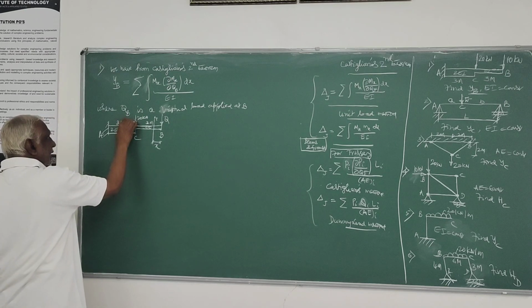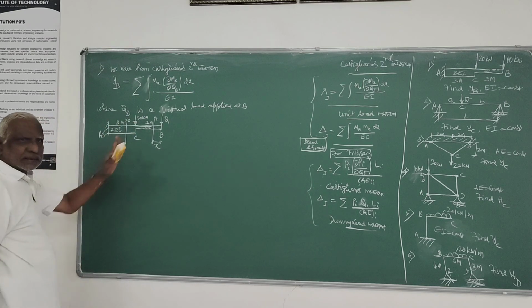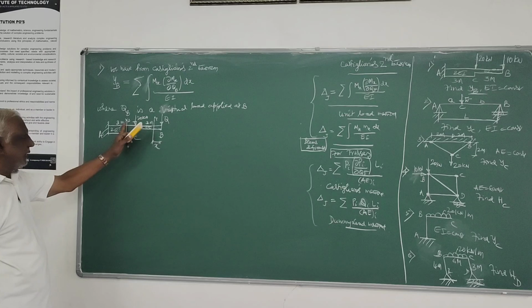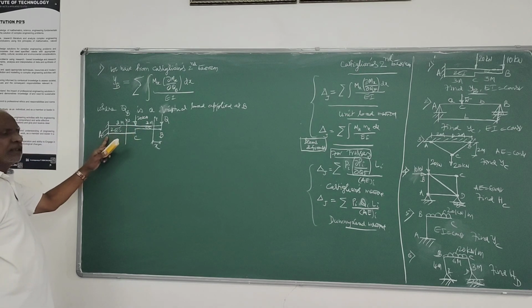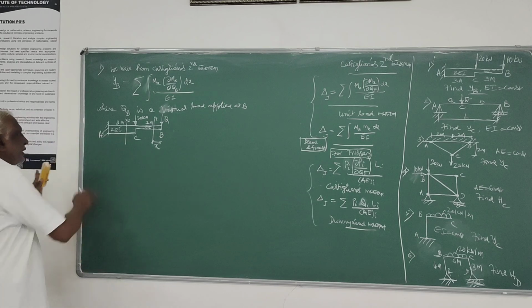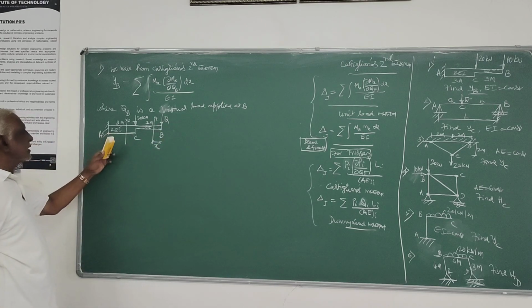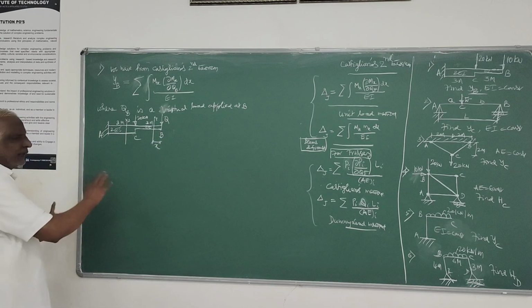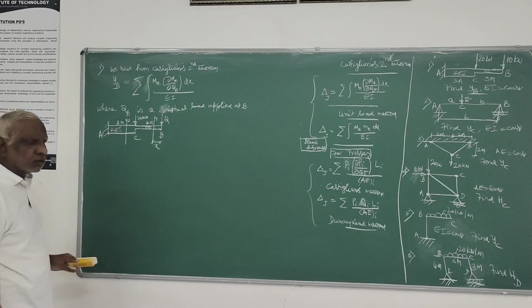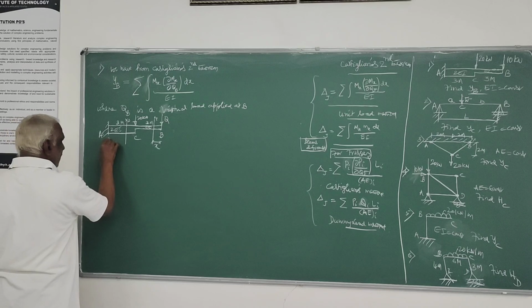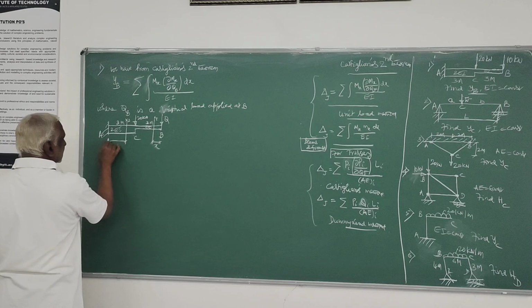I need another section, and that moment holds good between x equal to 3 to x equal to 6, or if you take it from this side, x equals 0 to 3. Either way, you can take that distance either from right to left or left to right. Here for x2, I will take the distance x from here.